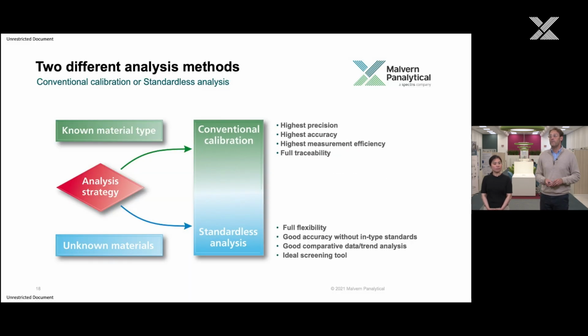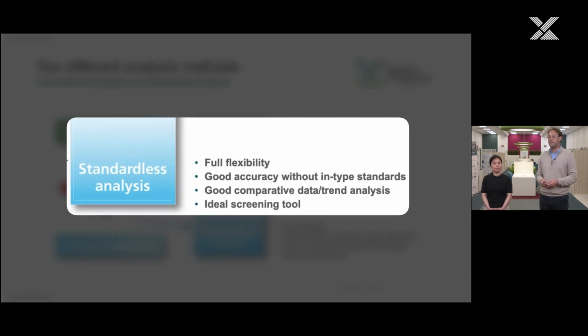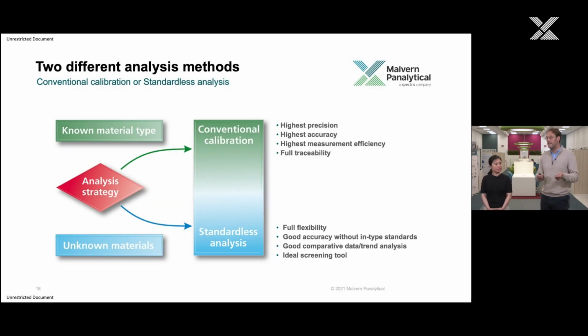There's another way, and that is more like a screening tool, which can also be used on our XRF instruments, and that is when you don't have those standards, or those standards are not available to buy. Then you can use some kind of screening tool for screening the elements that are in your sample, at least as an indication. So those are the two different ways, conventional and unknown screening.